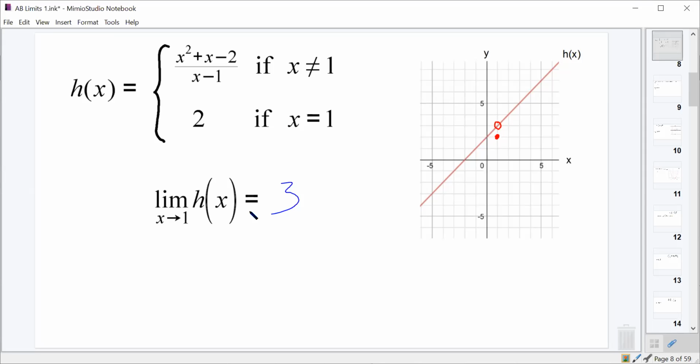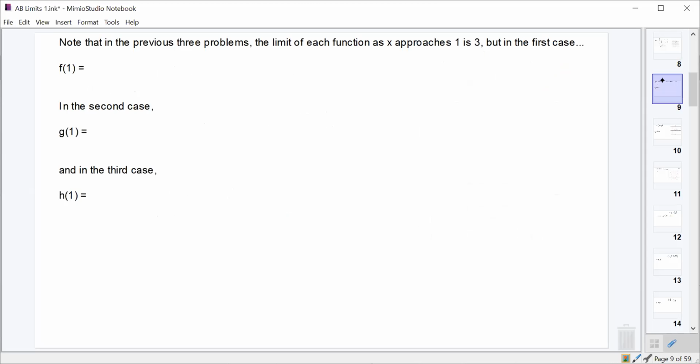Okay, so we'll want to note that in the previous 3 problems, the first one, f of 1, the limit was 3 and the function's value was 3. And in the second one, g of 1 didn't exist, but the limit was still 3. And in the last one, h of 1 was 2, but the limit was still 3.